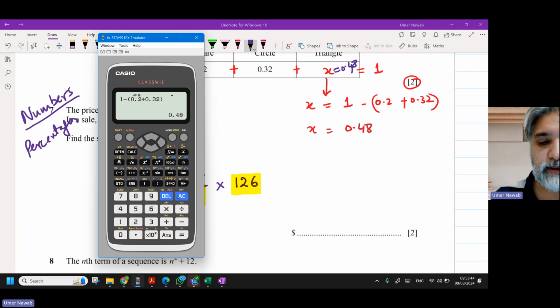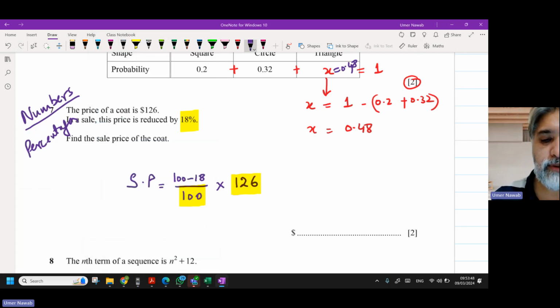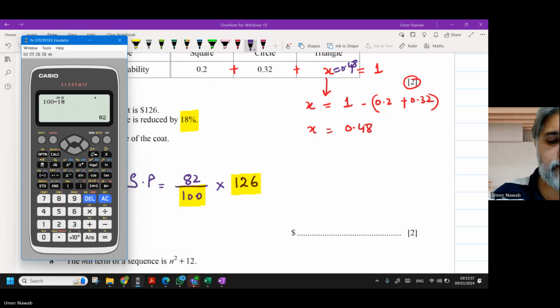Let's check what is the answer. 100 minus 18 gives you how much? 82. So on the top, I'm going to write 82. And then I get my answer. So 82 over 100 times 126 gives me 103.32.